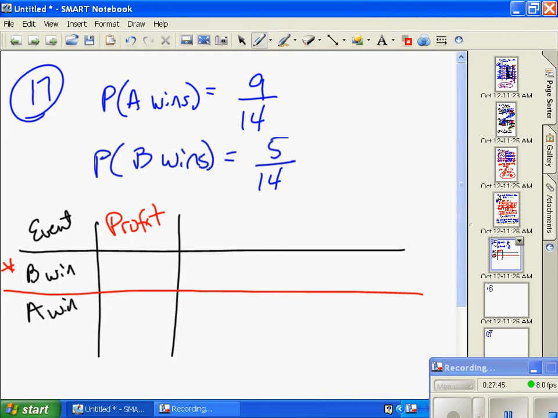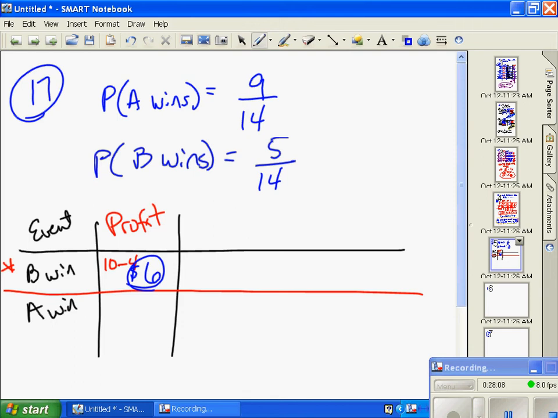So if Team B wins, you get the $10. But you have to remember, you paid $4 to play the game. So you think you get your $10 minus what you paid to play. Your actual profit is $6. Okay? So subtract what you paid to play. If Team A wins, Bob gets all the money.